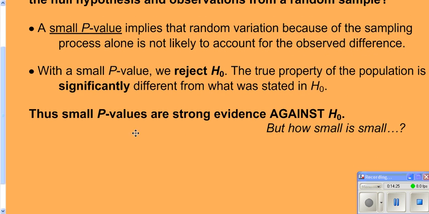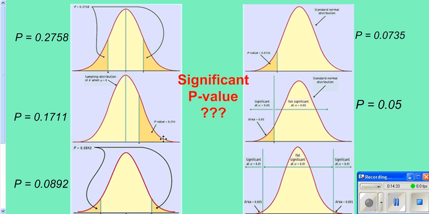So a small p-value is strong evidence against your null hypothesis, but how small? Here are some examples of different p-values: a two-sided of almost 27%, a one-sided of 17%, and almost 9% two-sided.